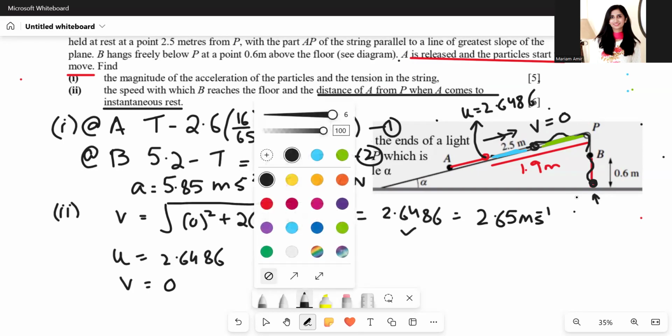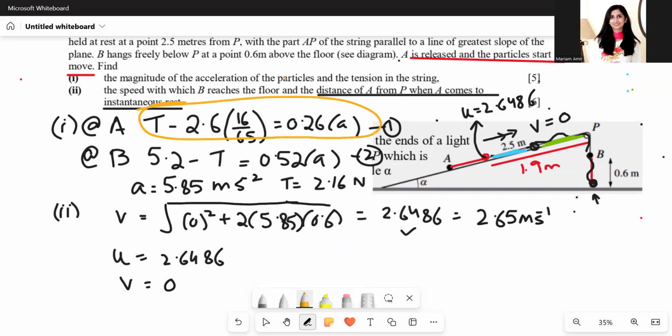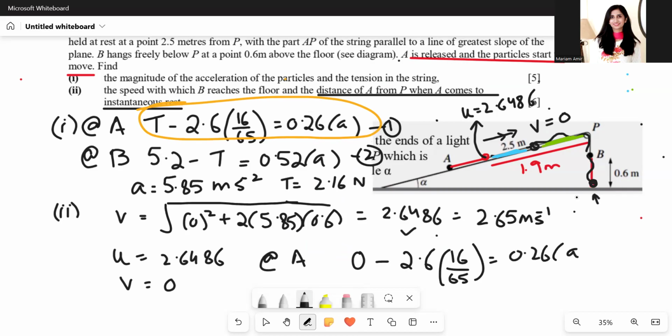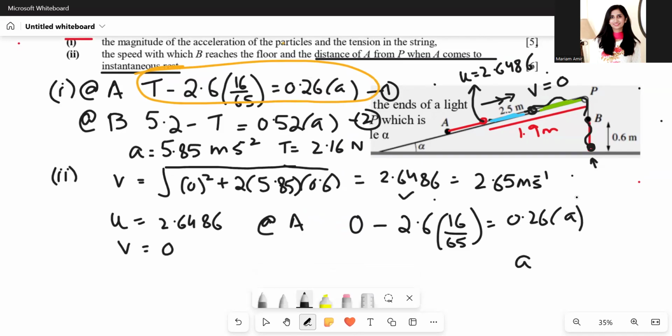Let's reapply the formula at A: forward force is now 0, minus the backward force, which is the gravitational component and stays the same, equals mass times acceleration. a will come out to be a negative value, minus 2.461, or minus 32 over 13. It's better to use the exact value.